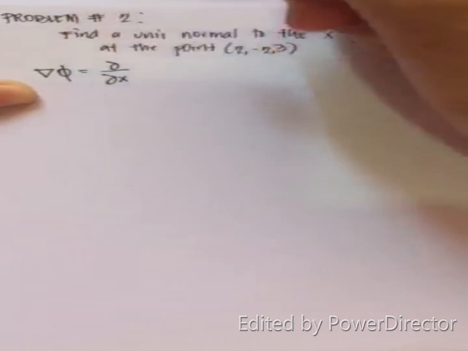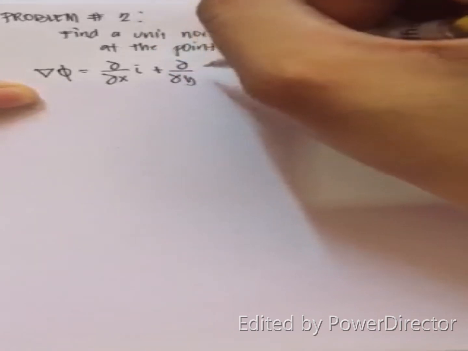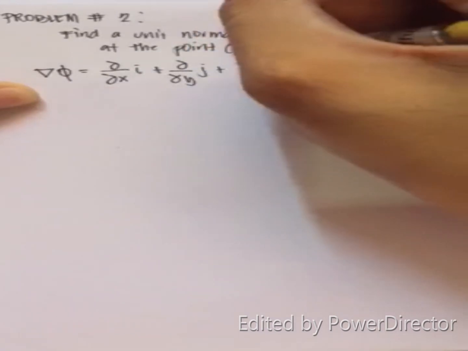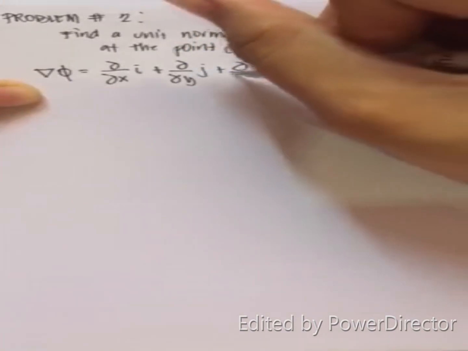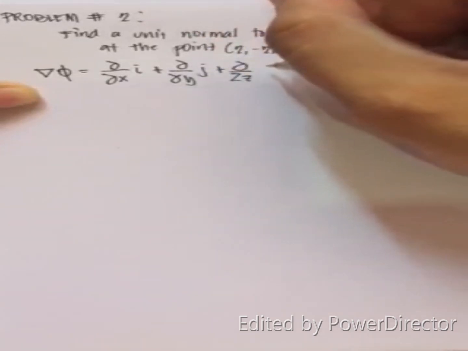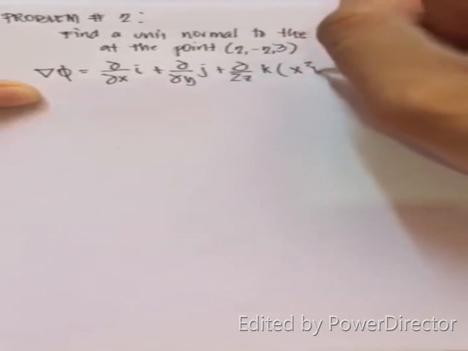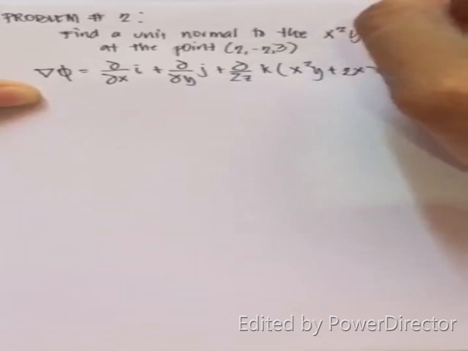The gradient of the differentiable scalar field is equal to the partial derivative with respect to x times the unit vector in the i direction, plus the partial derivative with respect to y times the unit vector in the j direction, plus the partial derivative with respect to z times the unit vector in the k direction, applied to the function x squared y plus 2xz.